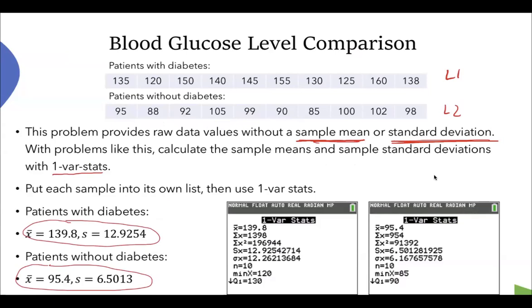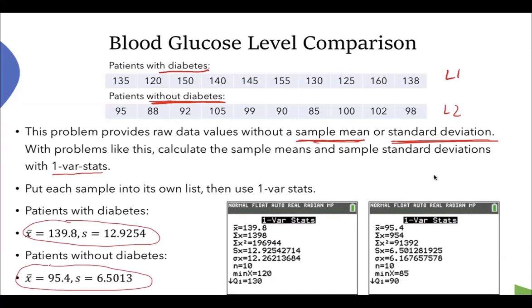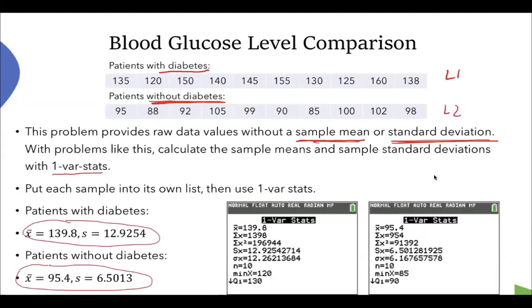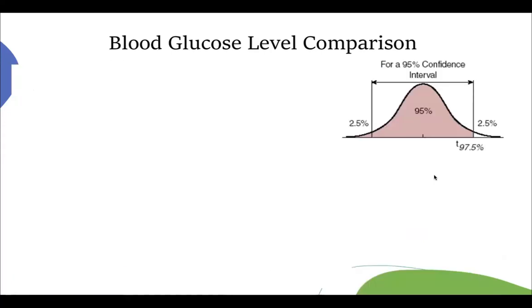Now we're going to create two confidence intervals, one for patients with diabetes, one for patients without diabetes. Both confidence levels, let me go back a slide, both confidence levels are going to be 95%. So the levels are going to be equal. Okay.